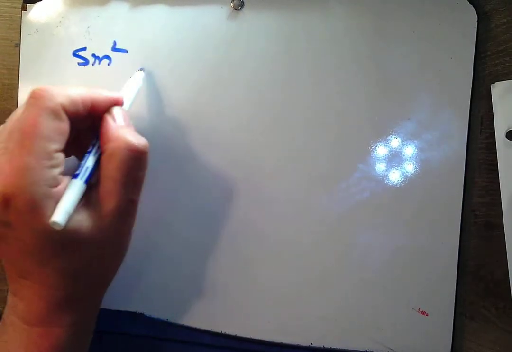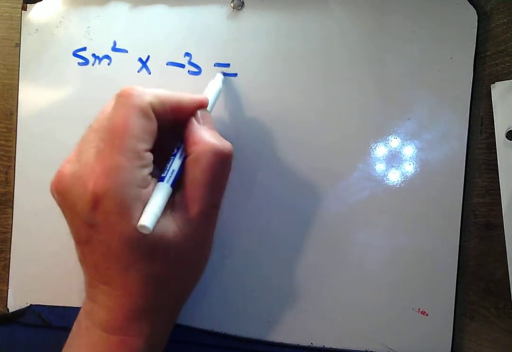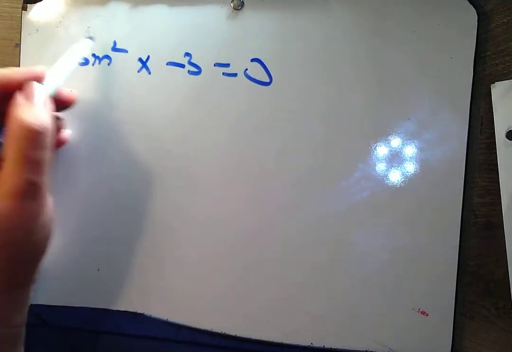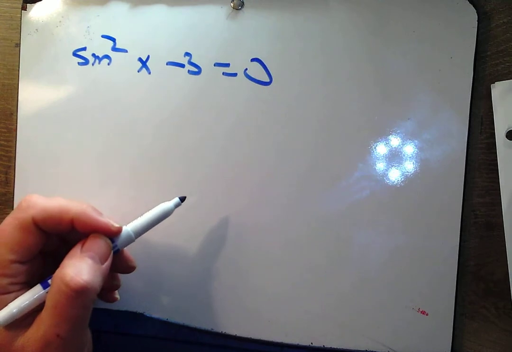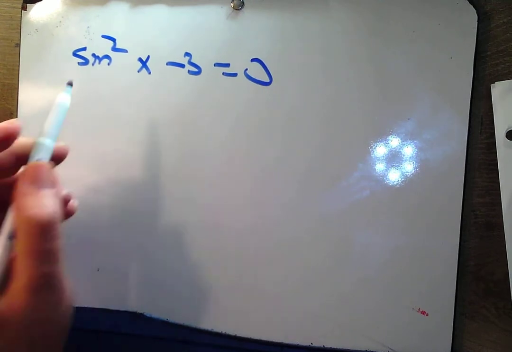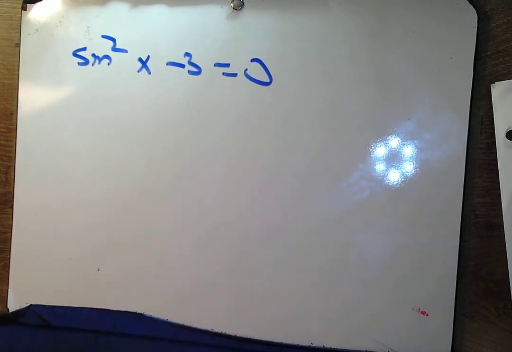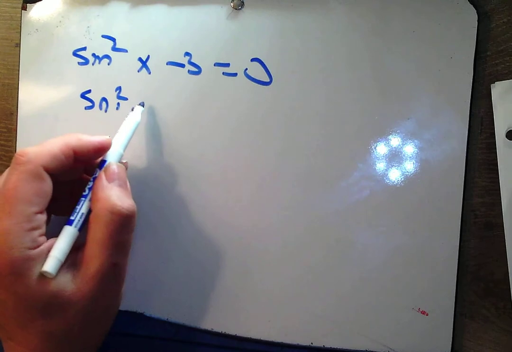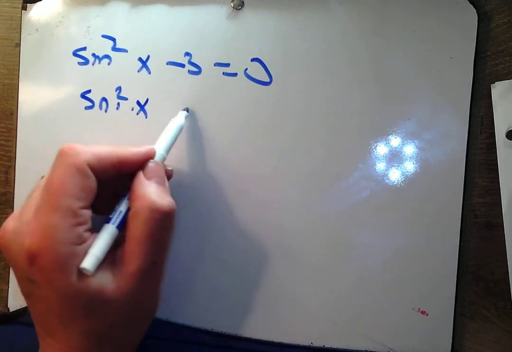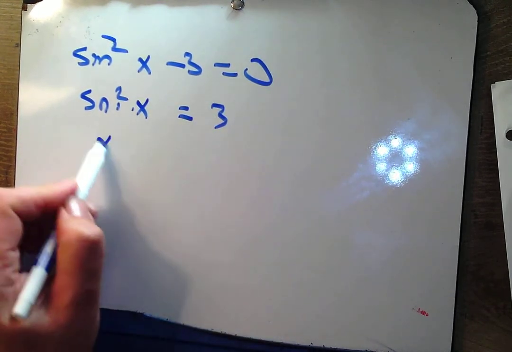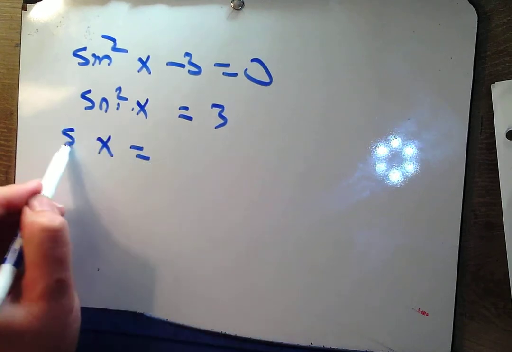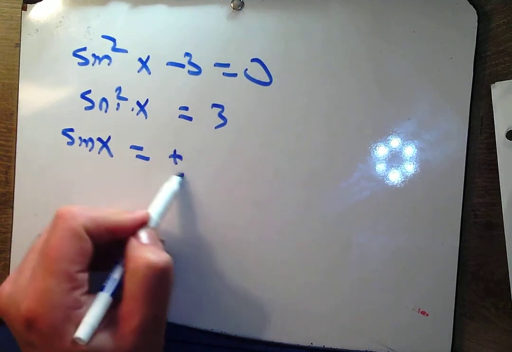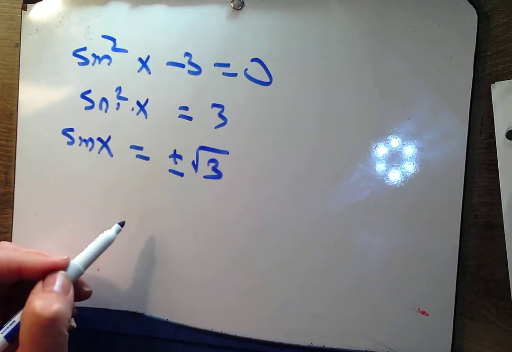Sine squared x minus 3 equals 0. Hey, welcome back. So I've got sine squared x equals 3, and sine x equals plus and minus square root of 3.